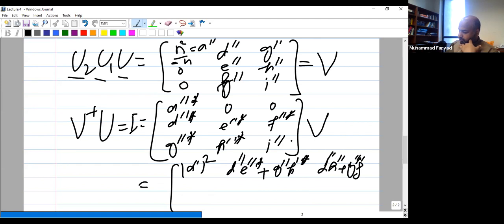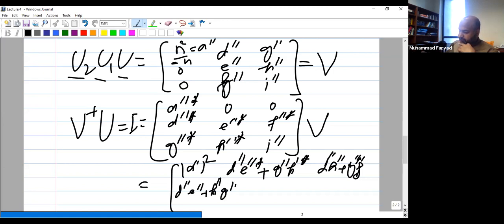So last one, sorry, I double prime. Now, when the second row gets multiplied with the first column, I get d double prime, e double prime, h double prime, g double prime, H double prime, G double prime.